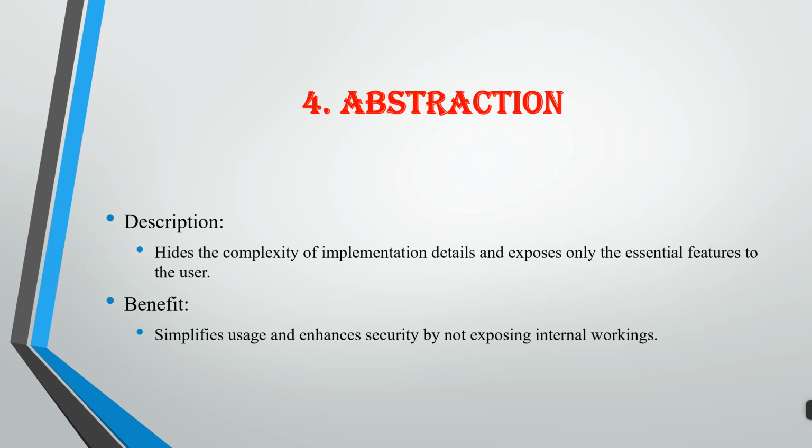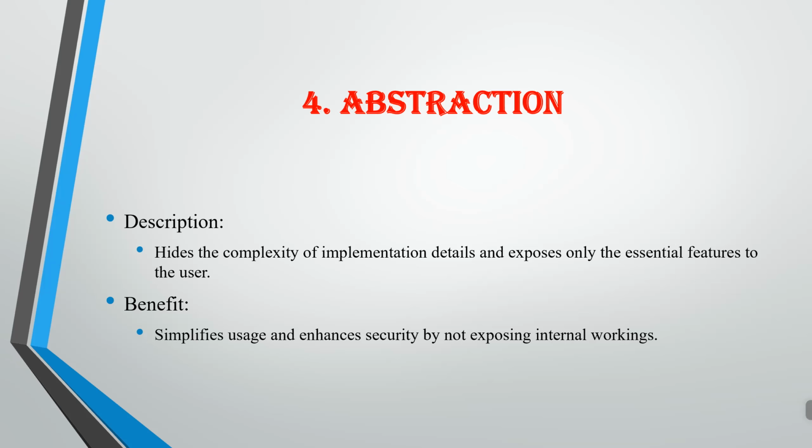Now coming to another very important characteristic feature, that's abstraction. So what do we mean by abstraction? Normally, abstraction is needed when we want to know the features of the data, but we don't want to know the complexity in implementing those data.